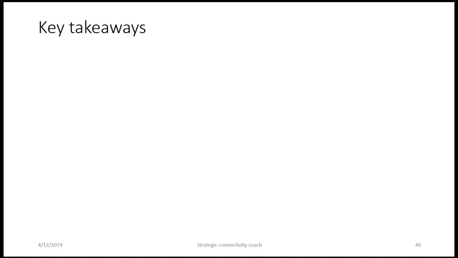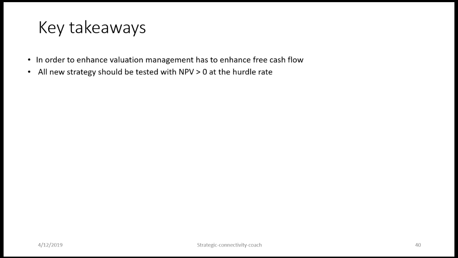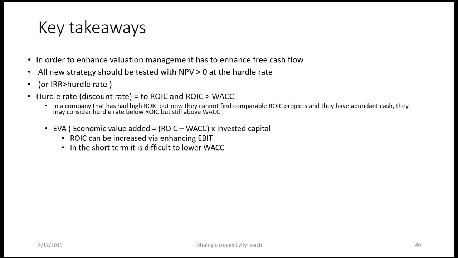So key takeaways from this one: in order to enhance valuation, a manager has to enhance key cash flow. All new strategies should be tested with NPV greater than 0 at the hurdle rate, or IRR greater than the hurdle rate. Again, the hurdle rate typically will want to be equal to ROIC, and ROIC should be higher than WACC.